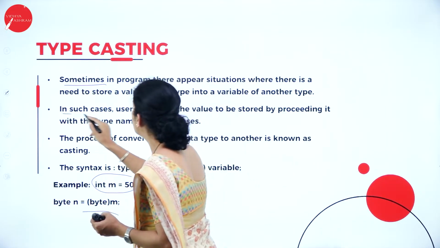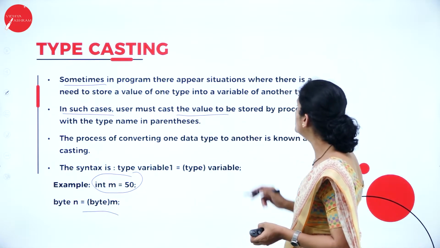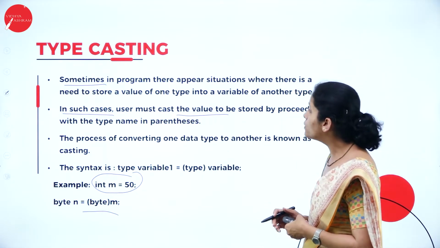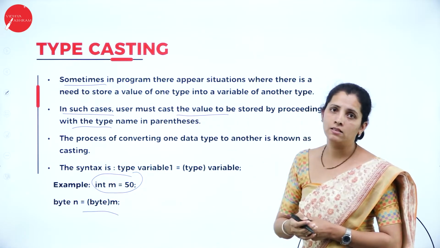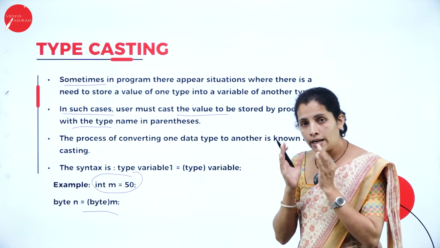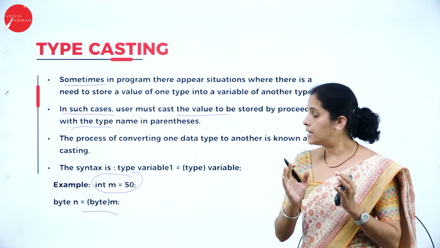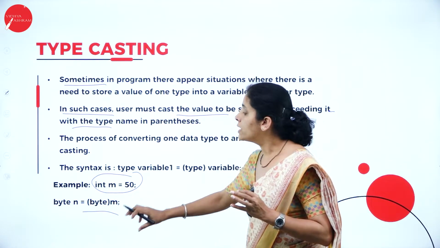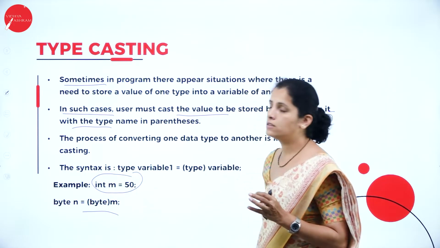So in such a case, the user must cast the value to be stored by preceding it with the type name in parentheses. That means when I want to convert one type of data into another manually, at that time I write the type of the data within the parentheses.